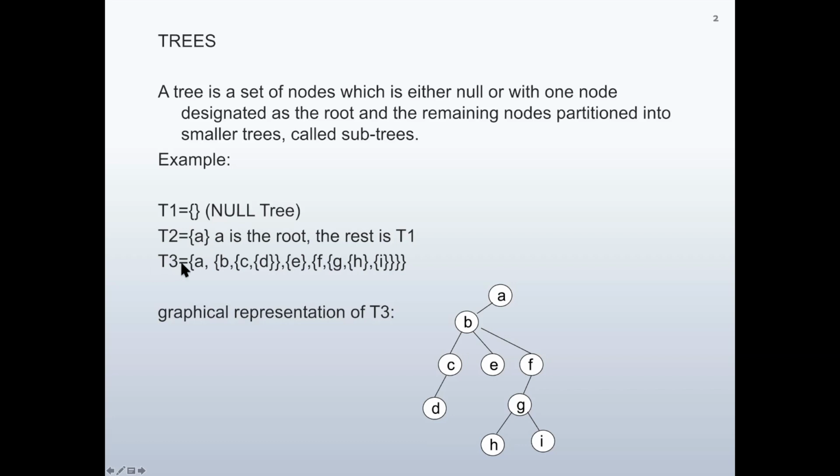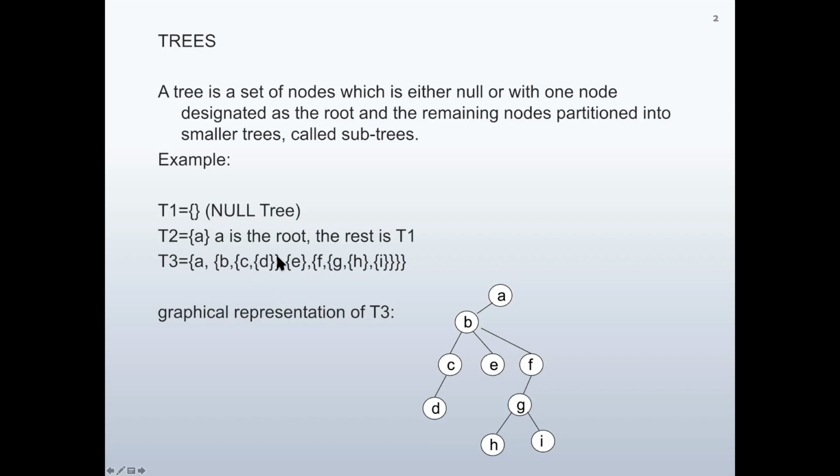T3 has node A as the root, and we have a subtree with node B. Under A, we have subtree B, and under B, we have C, and C has D as the subtree.